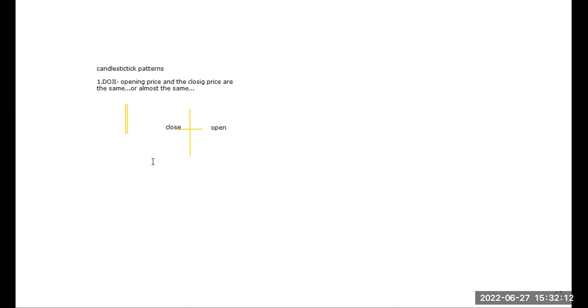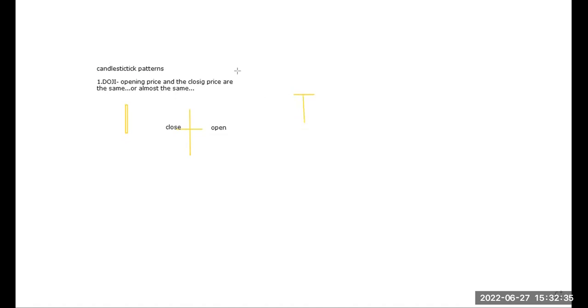It can appear in very many different ways, but I'll show you just a couple of ways in which they appear. Remember the names. If you know this is a doji, you don't need to cram all the other names of all the ways in which they present themselves.